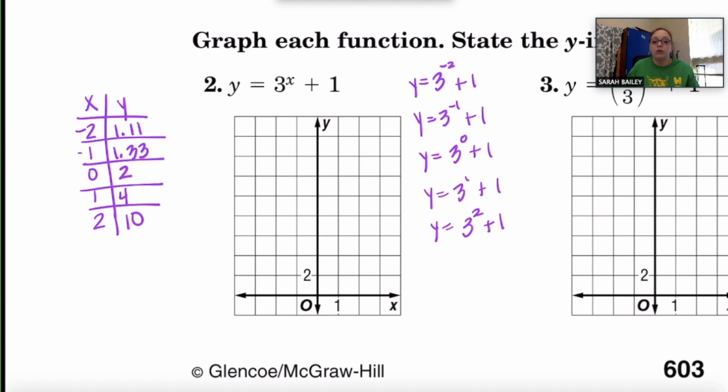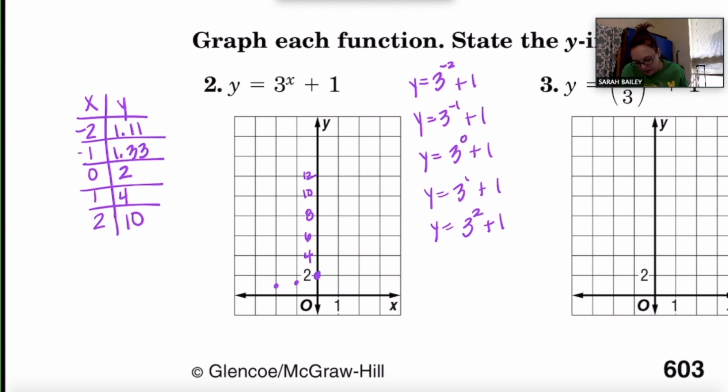All right, so first I'm going to plot negative 2, comma 1.11. So that's left 2, and then that's going to be right about here. Again, look at that y-axis. Looks like we're counting by 2's again. Okay. Negative 1, comma 1.33. So that's left 1, and it'll be up just slightly. 0, 2.